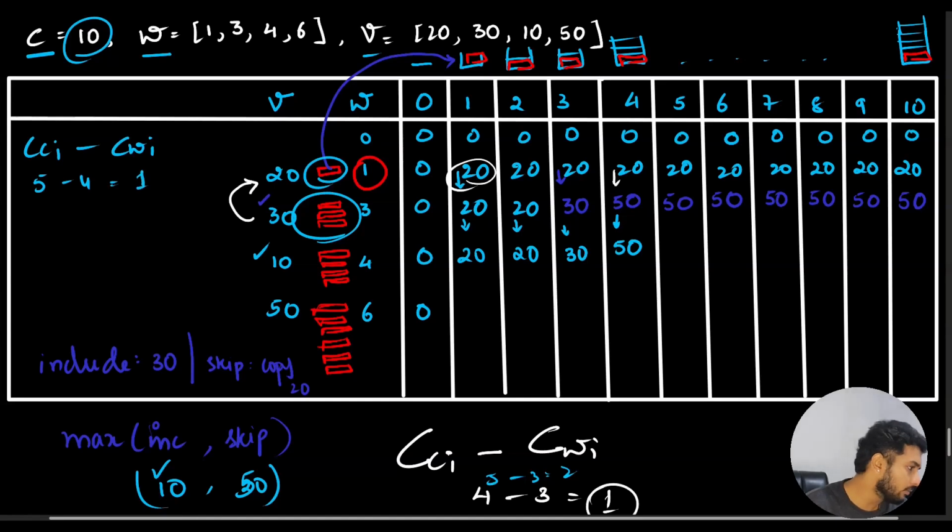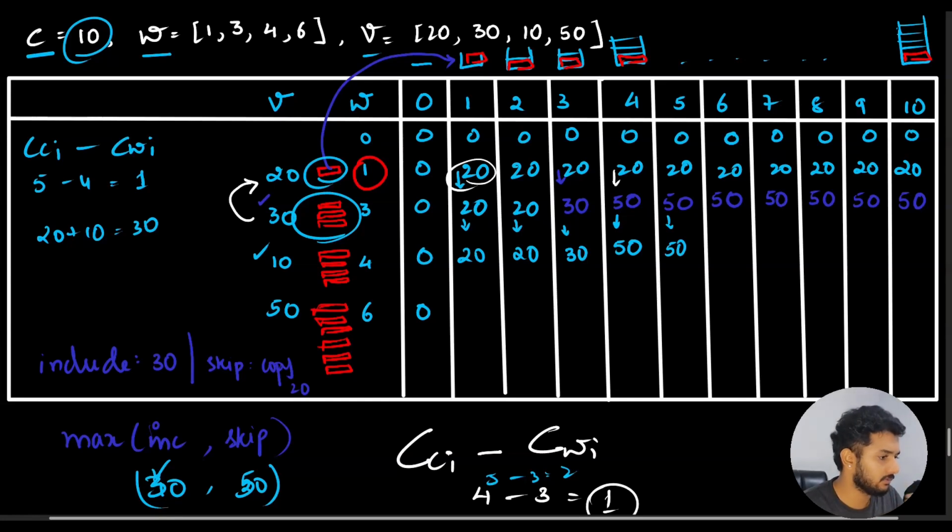And if I include from 1, I'll get 20. 20 plus 10 is 30, which is inclusion. 30, 30, 50. 50 is maximum. So I'll just copy by skipping. And for this 6, we have 2. From 2, I'll be getting 20.